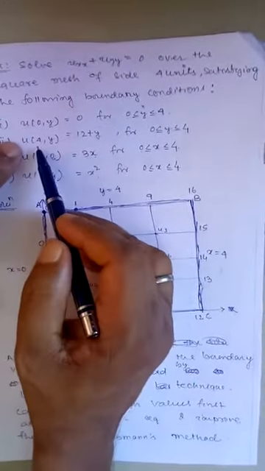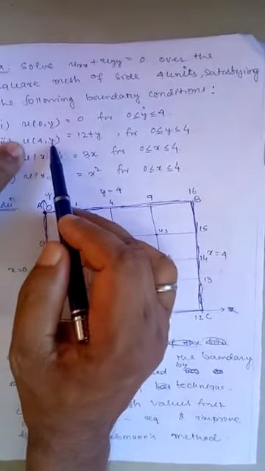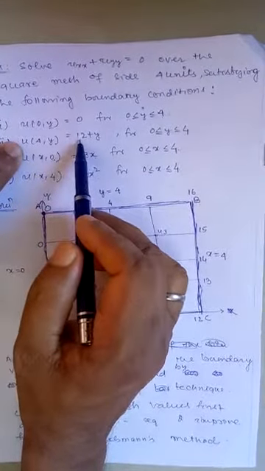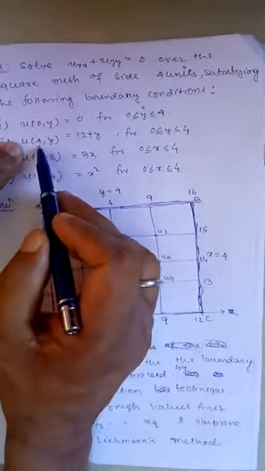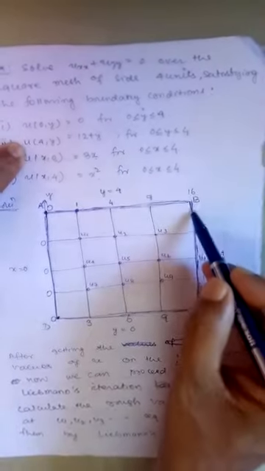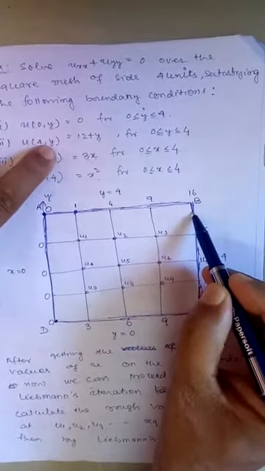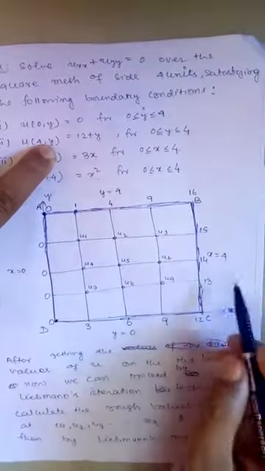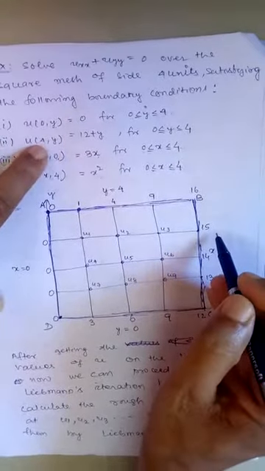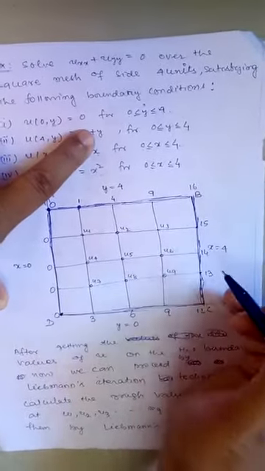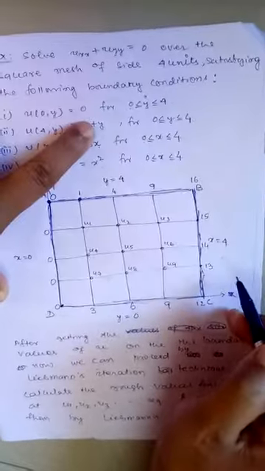Now similarly I will go to the second boundary, x equal to 4, y. Whatever value of y it may be, it will be 12 plus y. So 4 means this one, the boundary. So suppose I take y equal to 1. Y equal to 1 means this one, and what will be that value? That will be 12 plus 1, 13.